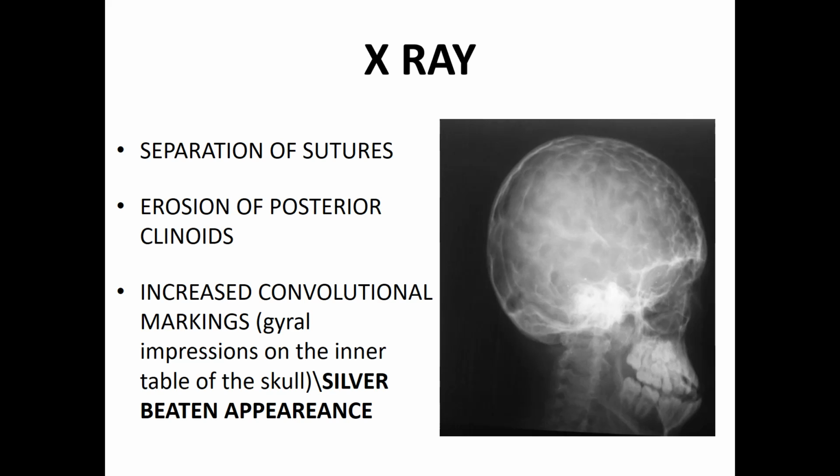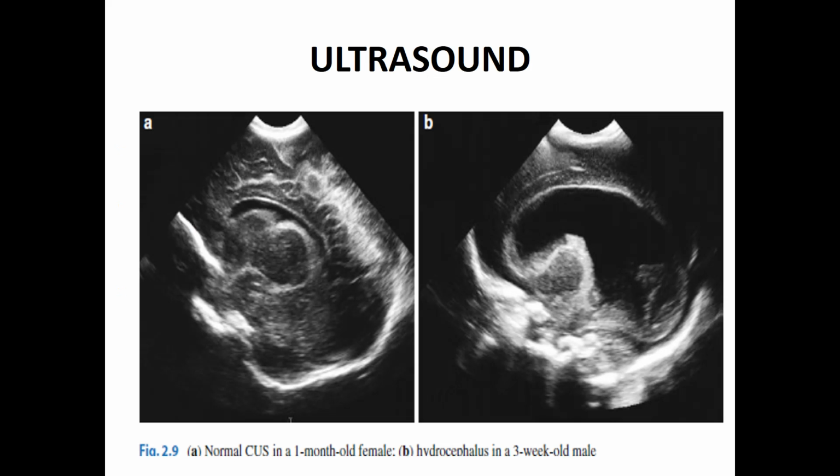Okay, so we can diagnose hydrocephalus through clinical neurological evaluation or by using cranial imaging techniques like ultrasonography, CT scan, MRI, or pressure monitoring techniques. This is the ultrasound of the patient. Here, this is the normal ultrasound.